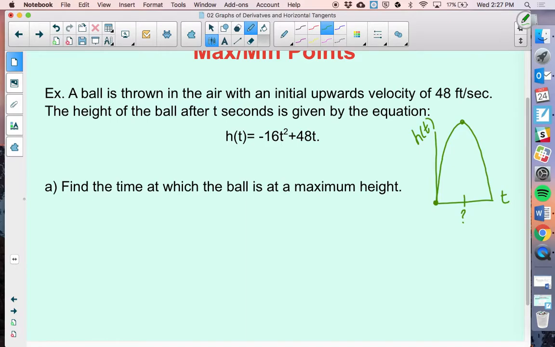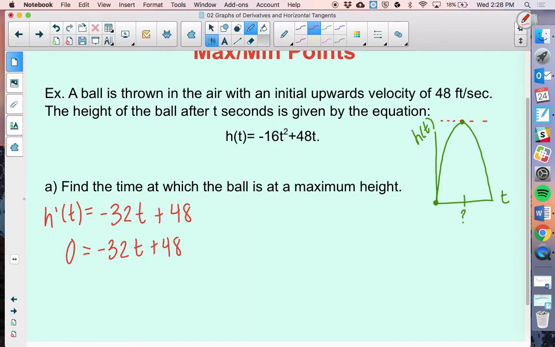So first thing I think, again, is that my maximum happens where the tangent is a horizontal line, so the derivative is 0. So I'm going to take the derivative, so negative 32t plus 48, and I'm going to set it equal to 0, because I know that my derivative equals 0 there.